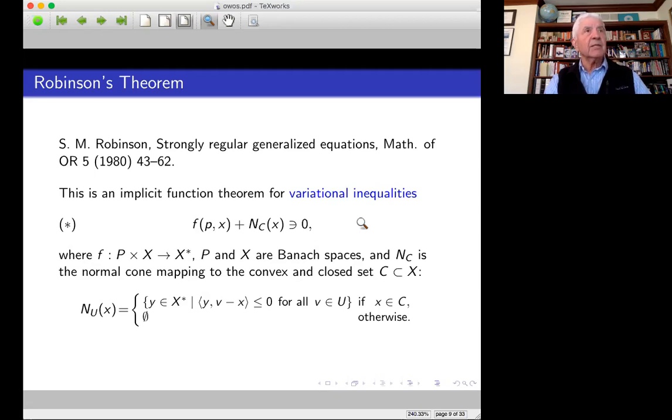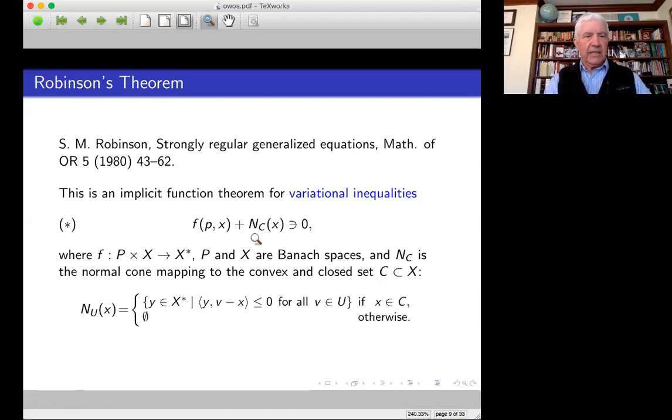And why should we consider only equations? We can consider inclusions, we can consider minimization problems as problems defining implicit functions. Why should they be only equations? So this was a very revolutionary idea. And what Robinson had in mind is to apply this to variational inequalities.